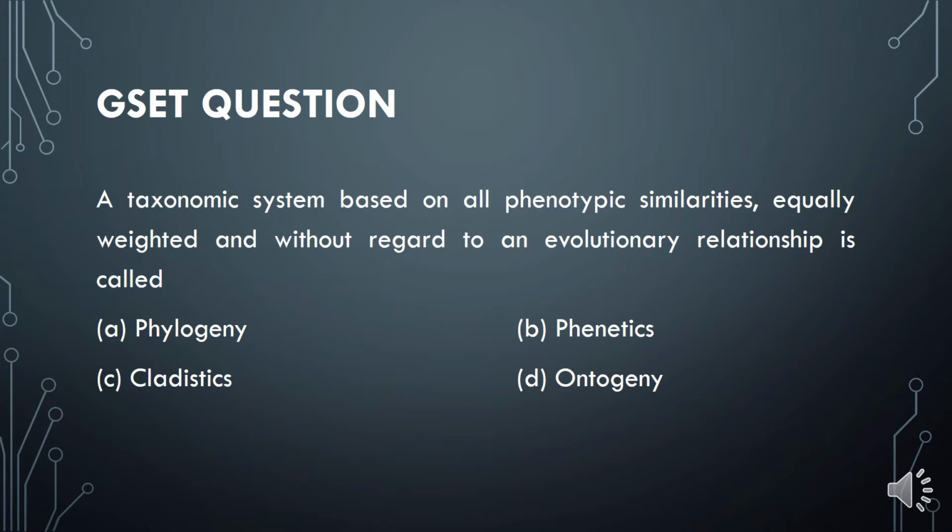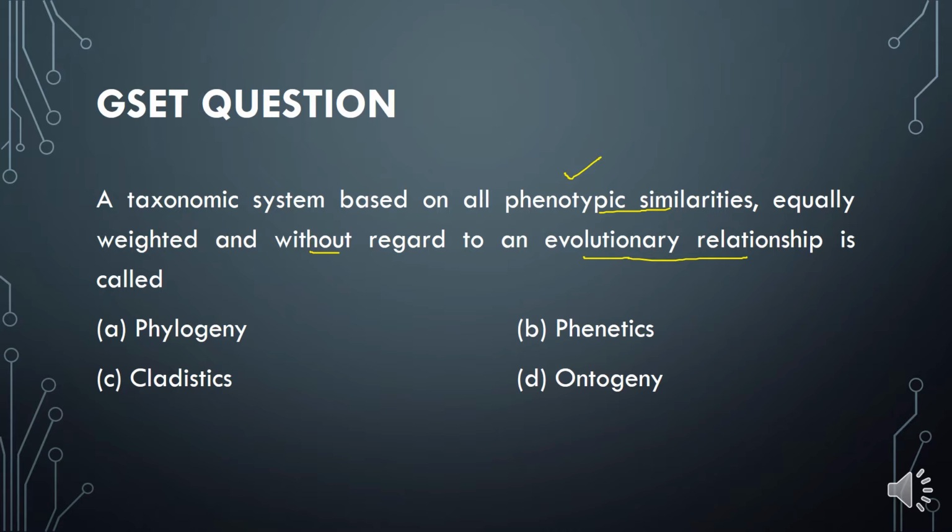So the question is, a taxonomic system based on phenotypic similarities equally weighted but without regard for evolutionary relationship. So evolutionary relationship is not regarded but the phenotypic similarity is regarded.